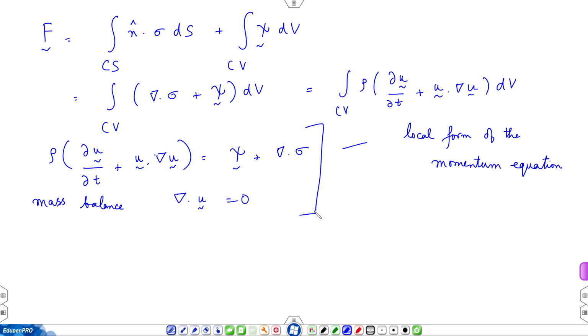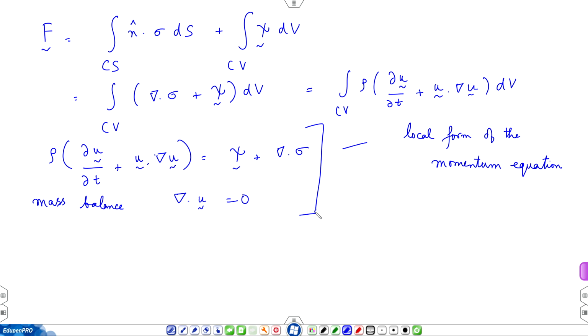Okay, so this is a local description of the flow field, which is representative of the physical laws of mass and momentum. Momentum is Newton's second law of motion.